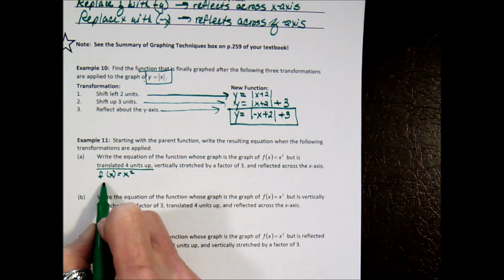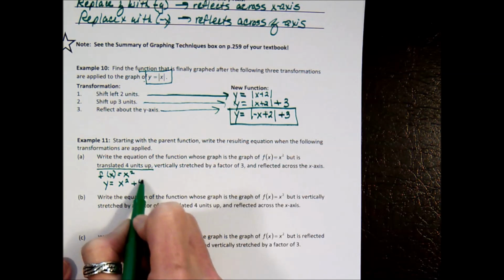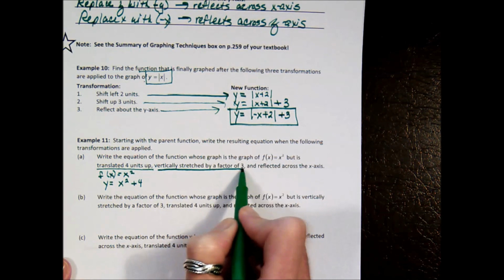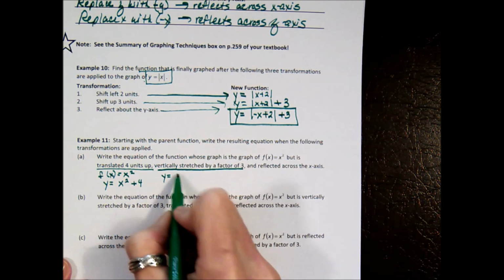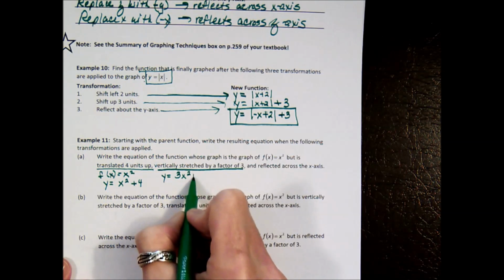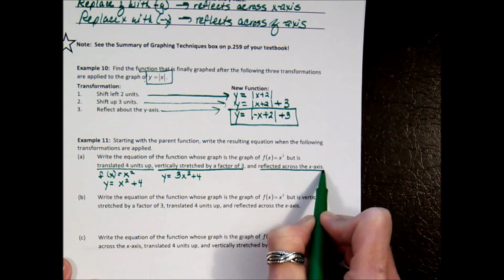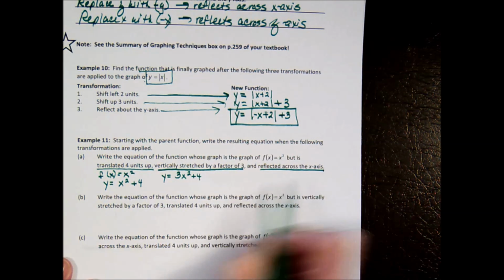We're going to send it 4 units up, so that would be this. Then I'm going to stretch it by a factor of 3. So that's going to be y equals 3x squared plus 4. And finally, I'm going to reflect it across the x. Across the x means the whole thing.